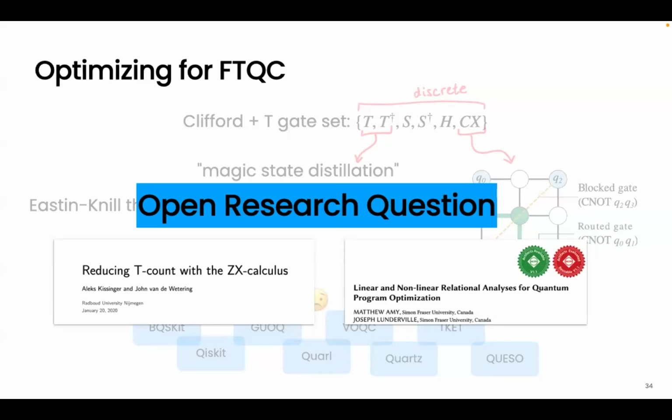So you have to swap a bunch of times, and optimizing for that kind of thing.